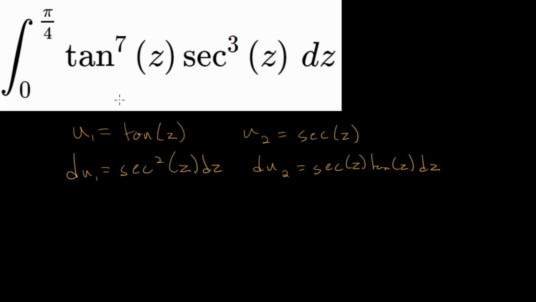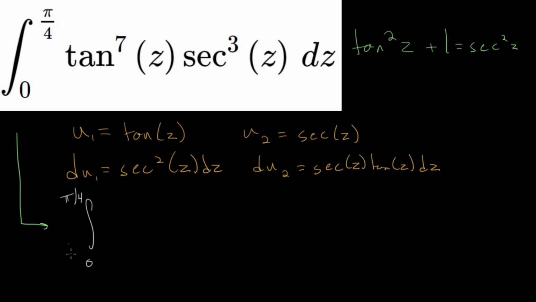To relate all of the tangents to secants, we'll also need the identity that the tangent squared of z plus 1 is equal to the secant squared of z, just the Pythagorean identity relating the tangent and secant functions. So let's start by rewriting this integral. We will have the integral from 0 to pi over 4 for our bounds with the variable z.